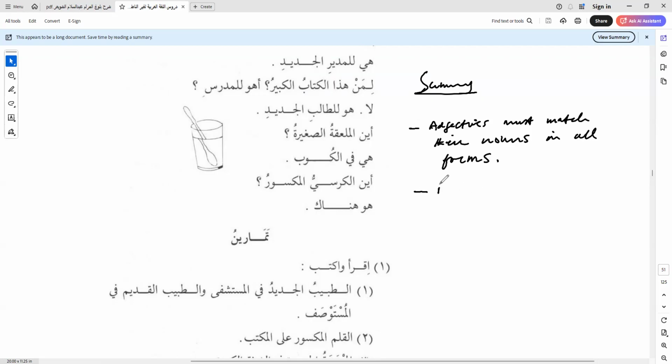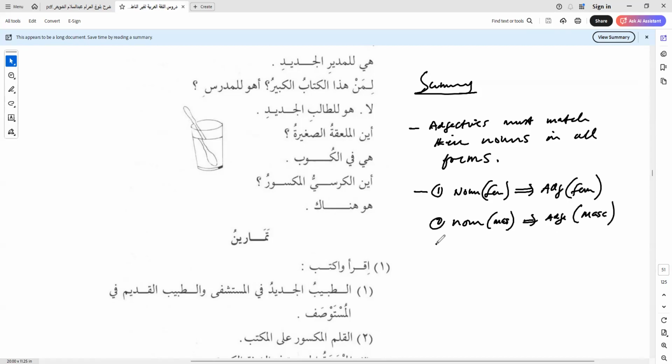So therefore we can say now, if the noun is feminine, then it must match with an adjective that is what? Feminine. Right? So that's how it is. If the noun is masculine, then it must be matched with an adjective that is masculine. If the noun is dual, that is a pair, then the adjective must be dual. Very, very important.